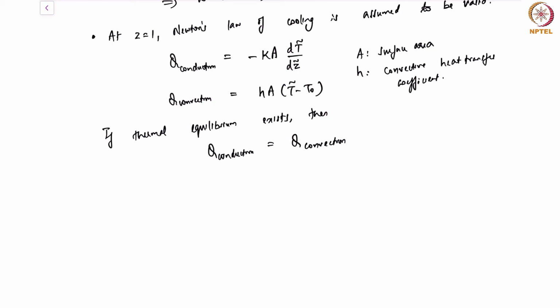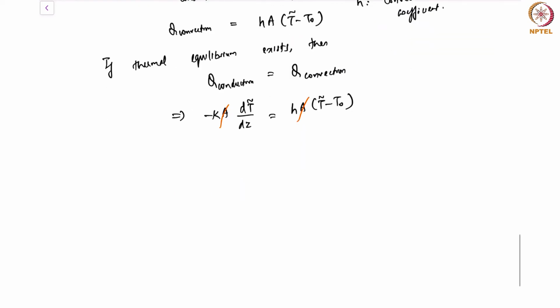Now again we are assuming that the atmosphere above is held at a constant temperature T naught, but the temperature of the interface itself can vary in space. So if we write down these two, we have minus K A dT by dz will be H A (T minus T naught), and naturally the horizontal surface area does not matter. Our next step is to write this in terms of theta.